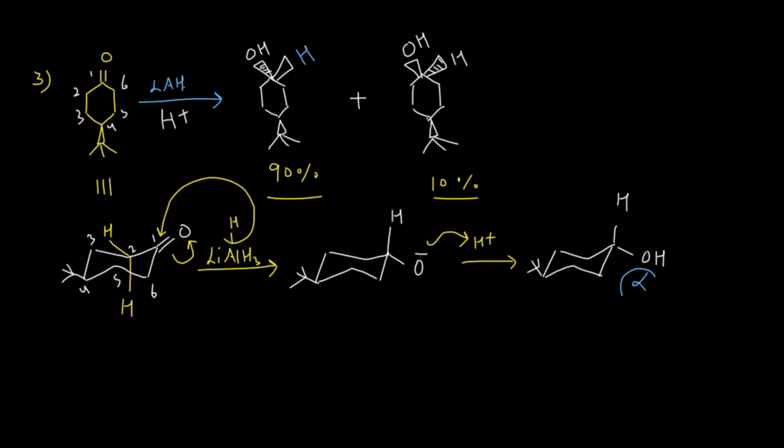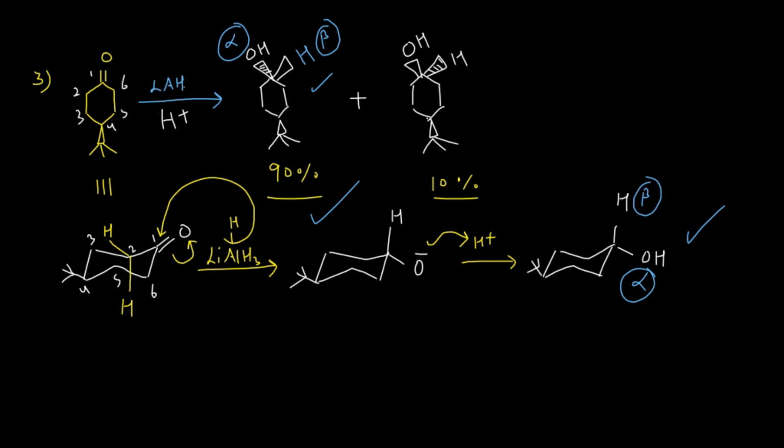And this hydrogen is the beta hydrogen. In this particular isomer, which is 90%, this OH is alpha, that means below the plane, and this H is above the plane, which is beta. Same relationship you are having.